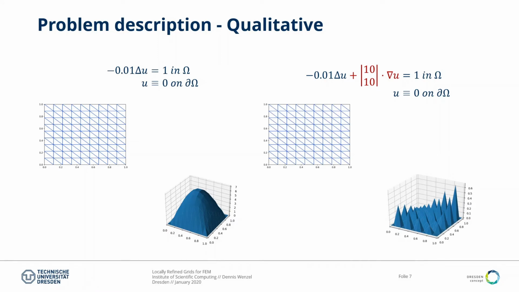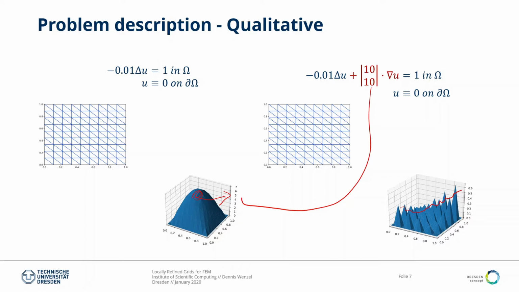Not only does it not capture the solution behavior properly, which should be similar to this one, but only shifted into the direction of the vector, what you get here is more or less a discontinuous solution, a spiky behavior. It has nothing to do with the actual solution of the problem.